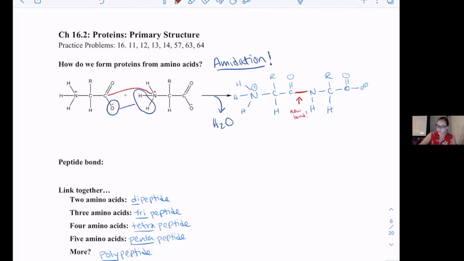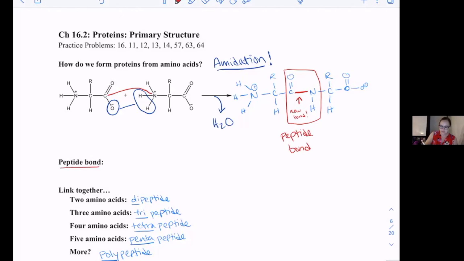And then this particular bond in general, if I put a square around all of this, the carbonyl amide, so carbonyl next to the nitrogen, specifically in a protein, so if you have amino acids, we call this a peptide bond. You'll see down here on the bottom, we have the peptide bond definition.